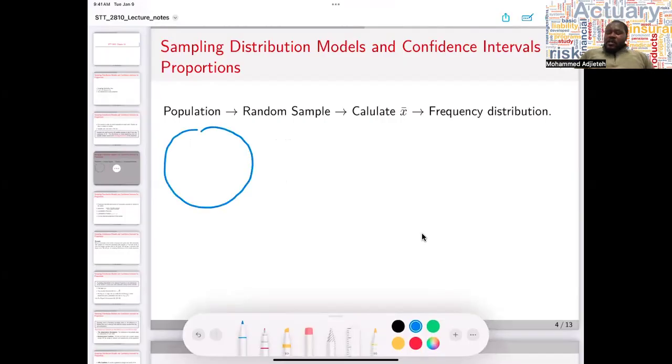The population has so many people. All the dots inside this circle are people. Is that okay? So the idea is that let's say that we draw a random sample of 10 people from this population.